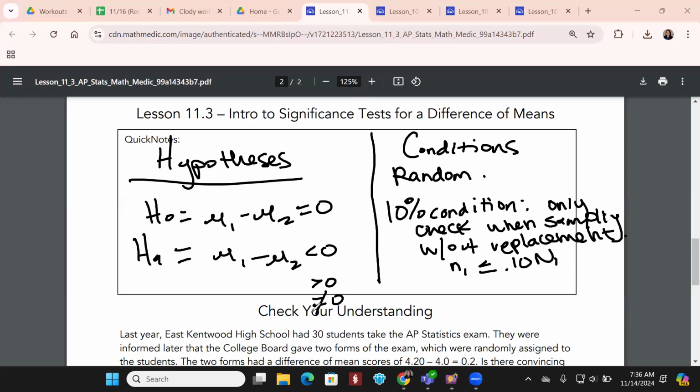I feel like stats just kind of makes up their own rules. It's like, hey, check these conditions, but they don't have to work. The purpose of the 10% is to figure out whether you're sampling too much of the population, and when you can't, the 10% is not going to work.